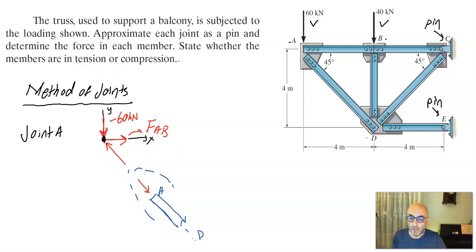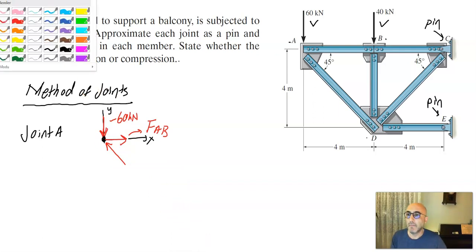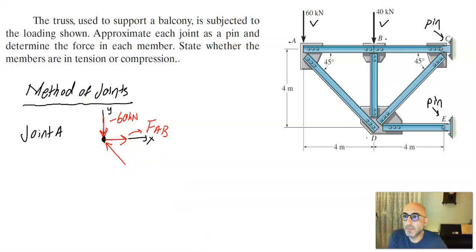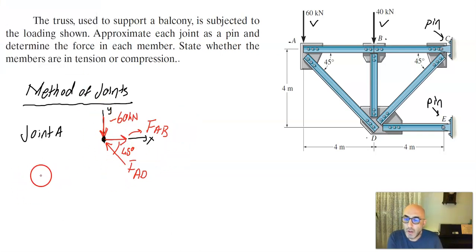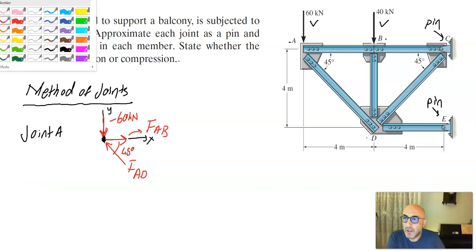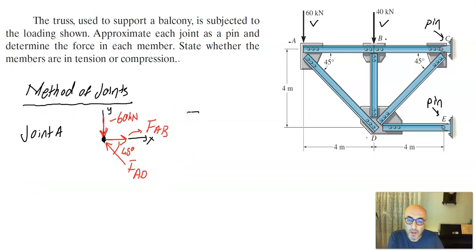Okay, so let's continue with our problem. This is FAD, and this is 45 degrees with the horizontal. Our equilibrium equations are essentially two: the sum of the forces in the x direction will be 0 and the sum of the forces in the y direction will be 0, and these are the assumed positive directions for x and y.